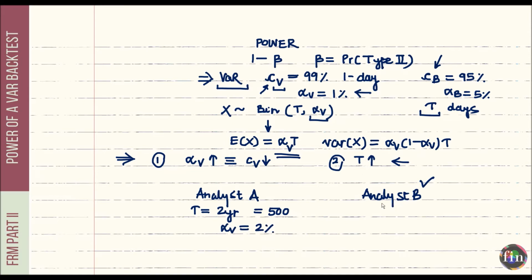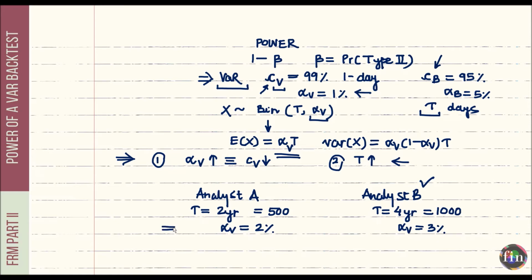Analyst B listens to what you are saying, and he doubles the backtest window. That means he runs it over a span of 4 years, which gives him 1000 trading days to play with. And the VaR model he's working with is computing VaR at 97% confidence, which means 3% level of significance.